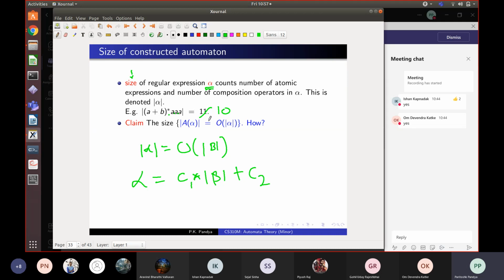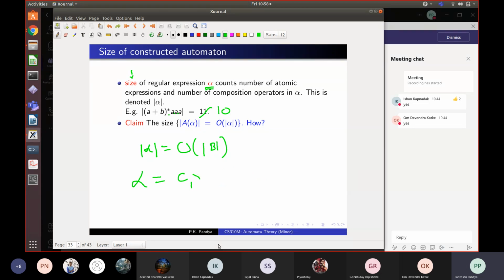So you give me any beta, the corresponding alpha that I construct will grow linearly in the size of beta, modulo some fixed constant. It will be a constant times the size of beta, roughly, for large betas, right? This is the notion of big O notation in computer science.